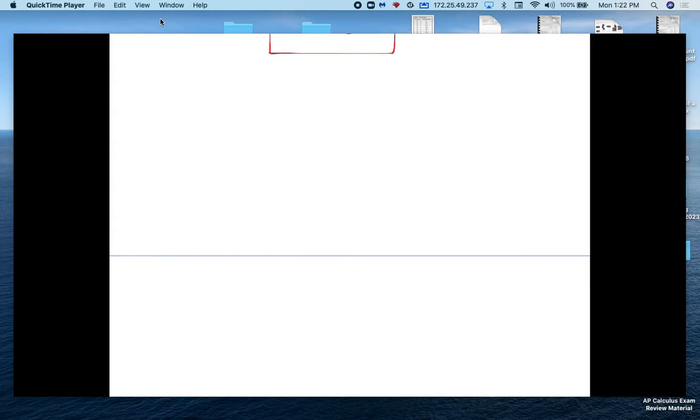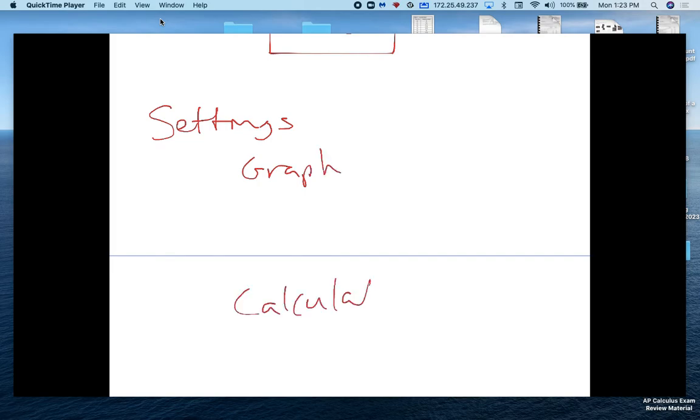You need to make sure that you go to the settings on both the graph and the calculator. You need to make sure you are in radians, and you need to float 8 decimal places.